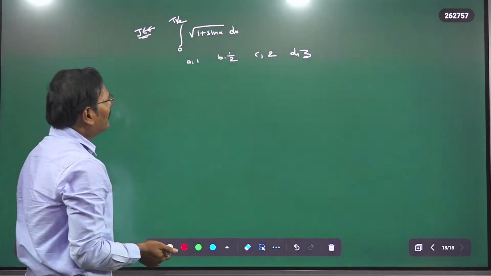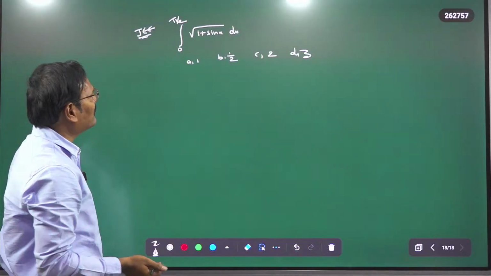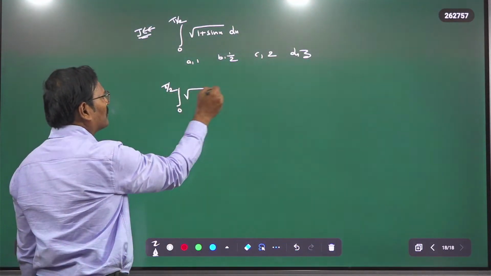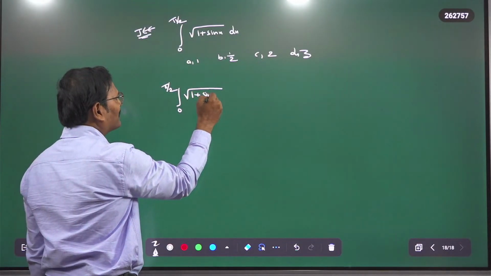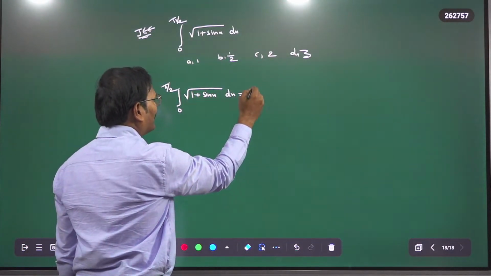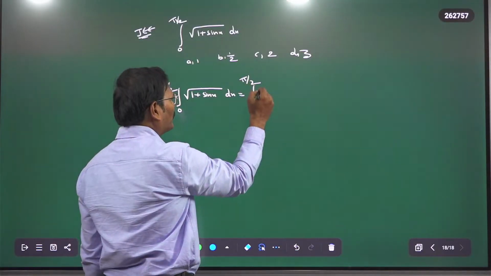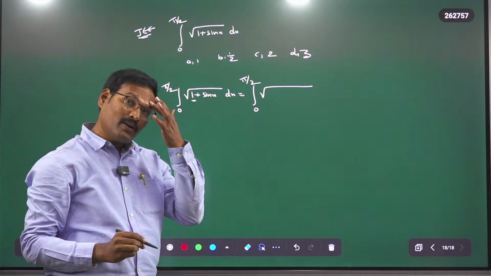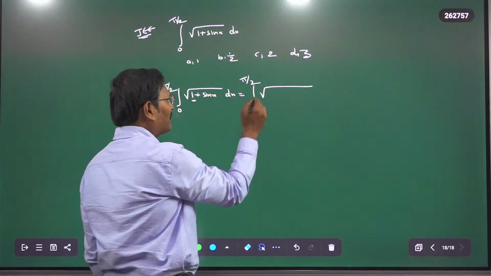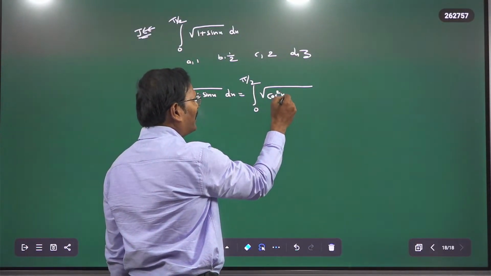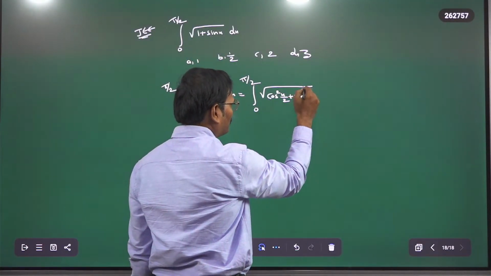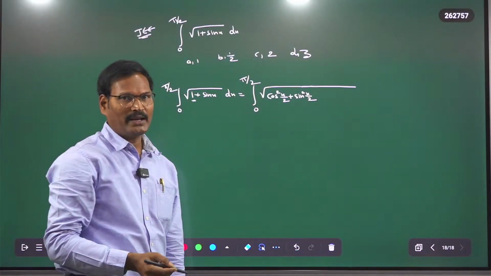So integral 0 to pi by 2 under root of 1 plus sin x dx. Here 1 can be written by trigonometric identities as cos square x by 2 plus sin square x by 2, since cos square theta plus sin square theta is equal to 1.